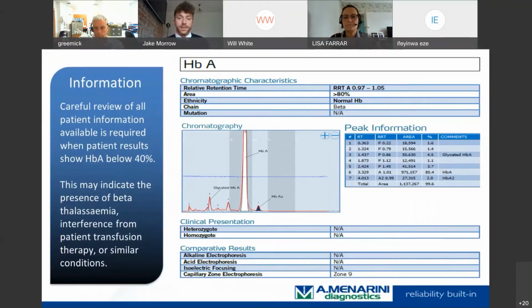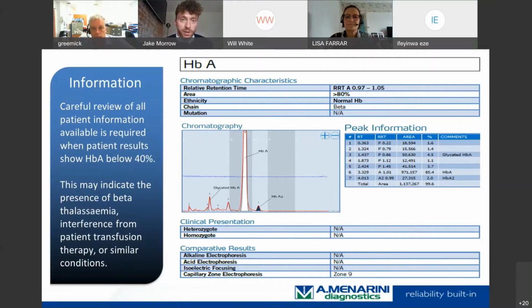Not only do you get the HPLC trace exactly as you would see it if it was typical, of course, on the Hb9210 resolution, along with the retention times and the peak identifications that are labeled here, you get to see the clinical presentation in the heterozygote and the homozygote, and also what the chain is that causes the hemoglobinopathy, what the likely ethnicity is, and some extra information also.